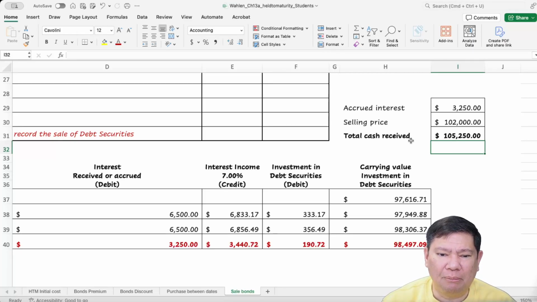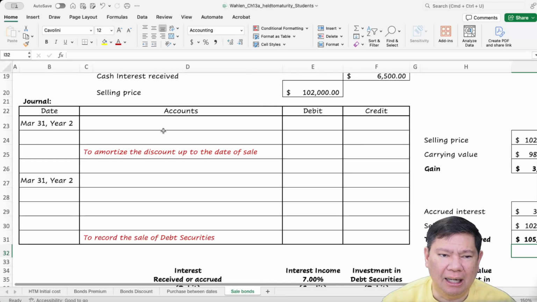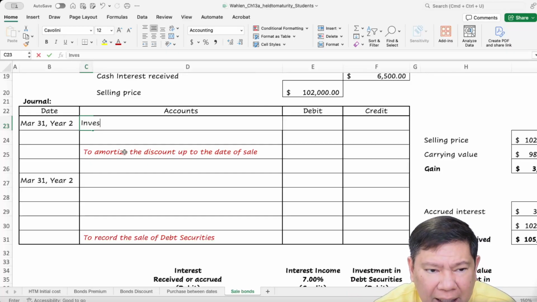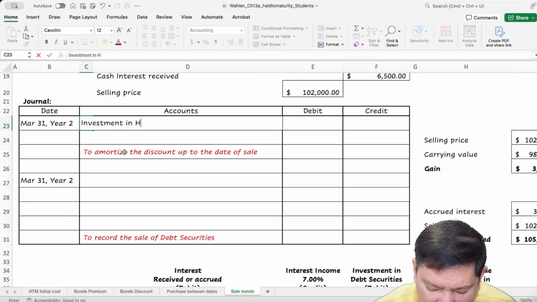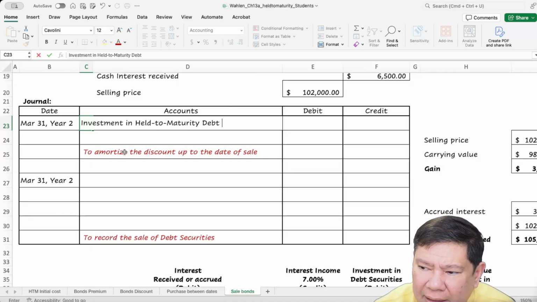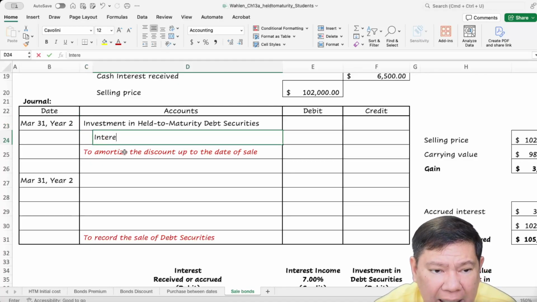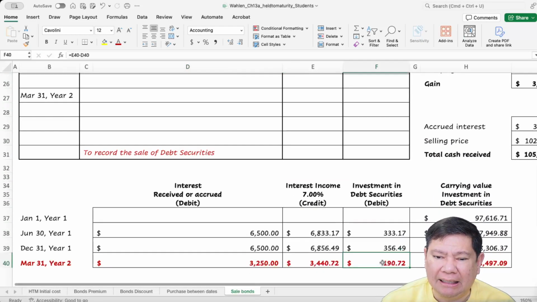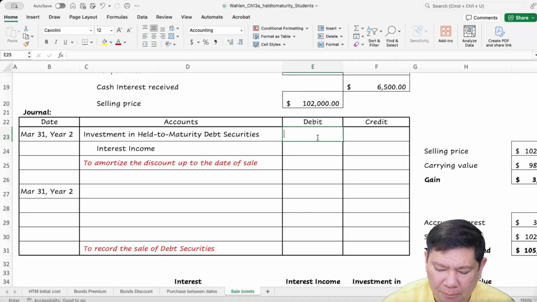Okay, now we have all the information that we need. Let's take a look at the journal entry. First, we need to prepare journal entries to bring our investment up to the date of sale. So investment in held to maturity debt securities goes up with the last amortization here, 190.72.